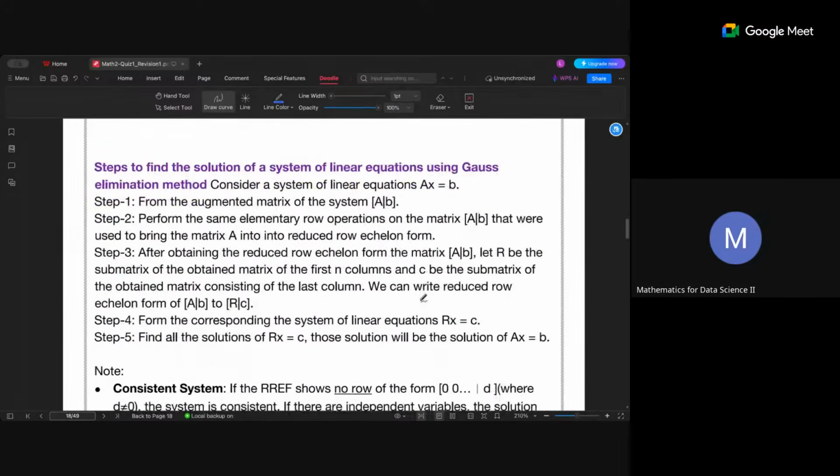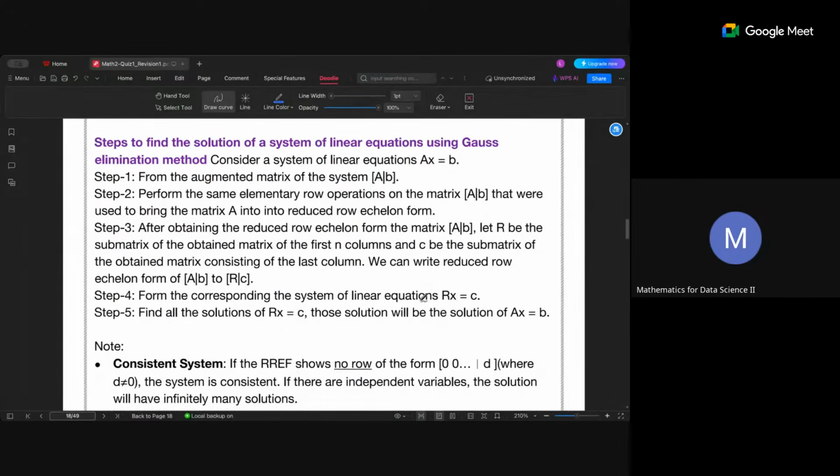Now you know how in the Gauss elimination method we need RREF. How will we be using this RREF to find the solution? First consider the system of linear equations Ax equal to B. From this form the augmented matrix AB.